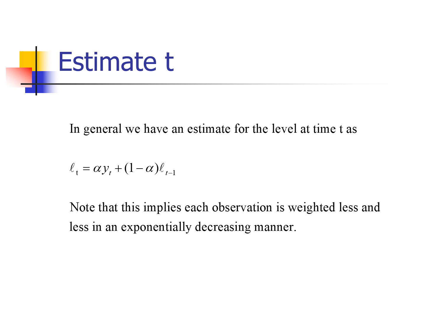And what we can see, an interesting and hopefully intuitive idea, is that this formula implies that each observation is weighted less and less in an exponentially decreasing manner. Let's look at the next slide to see that.